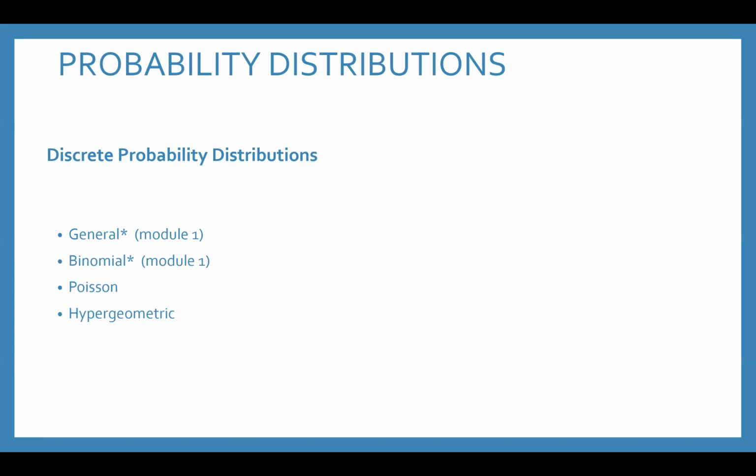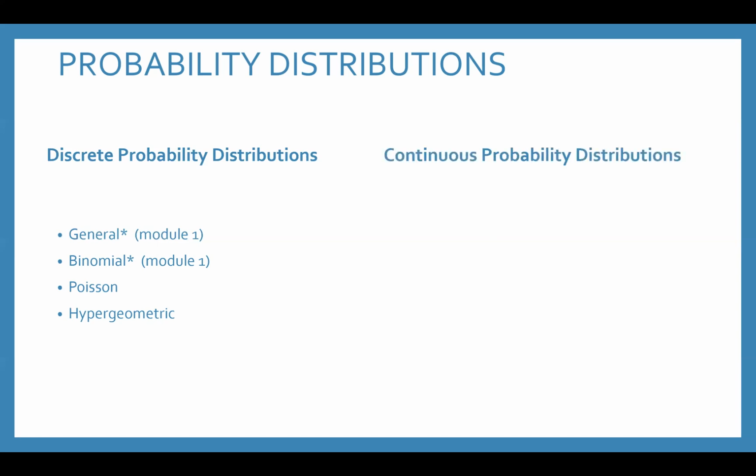We don't talk about those in this course. If your major requires you to have a strong background in statistics, you can actually take an entire course on probability distributions, an entire course on discrete, and an entire course on continuous. So we're still touching the surface, but introducing you to some of the more commonly used ones.